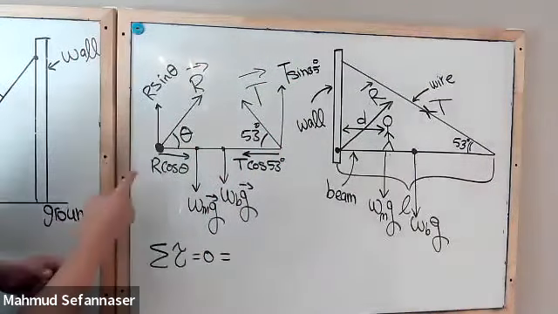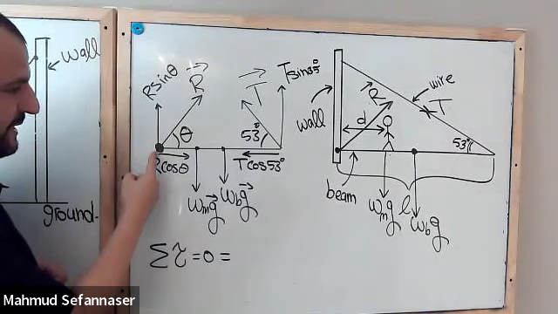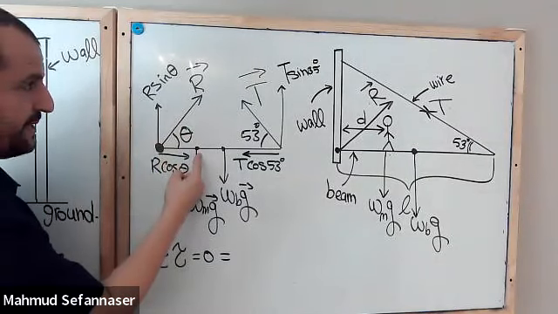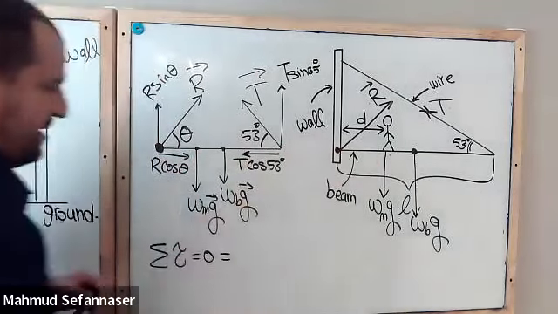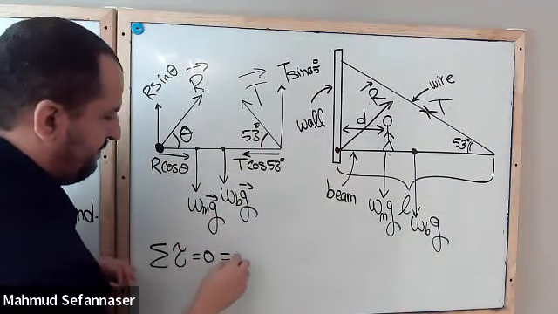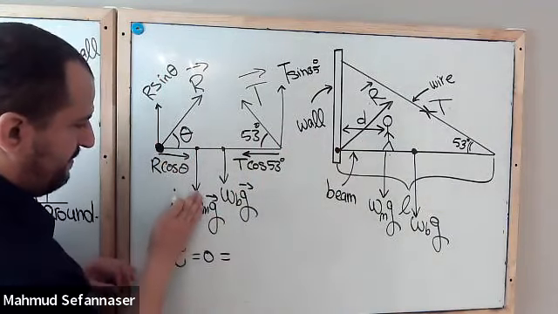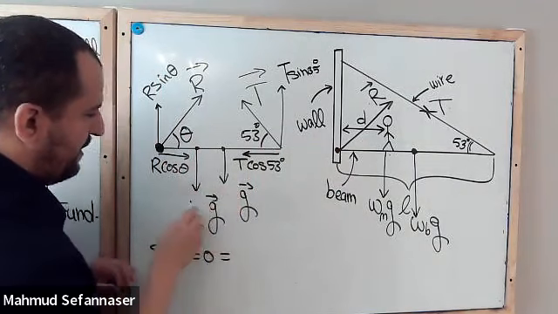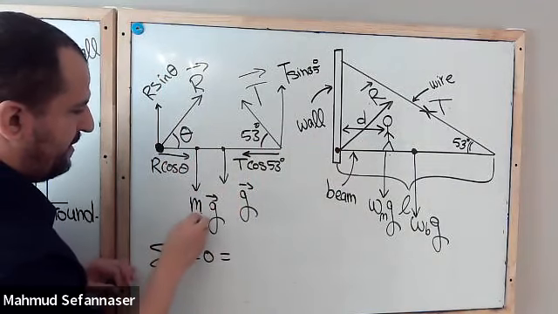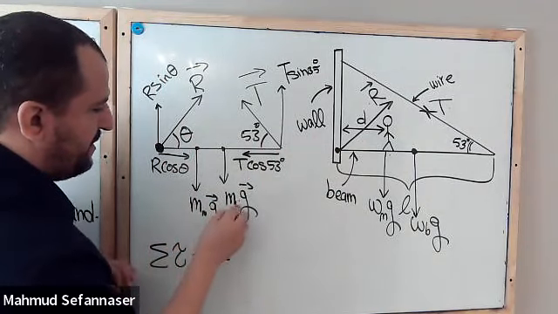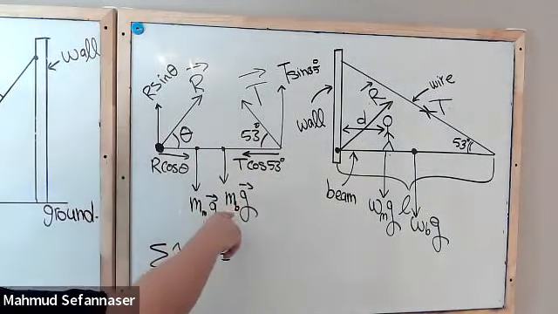Okay. The distance from this point, the reference point, to the man's weight is D. So we can do the following, guys. Again, another mistake here. We can do mass of the man and mass of the beam.